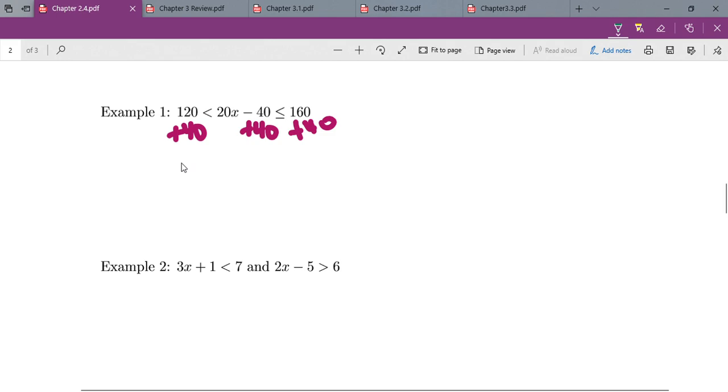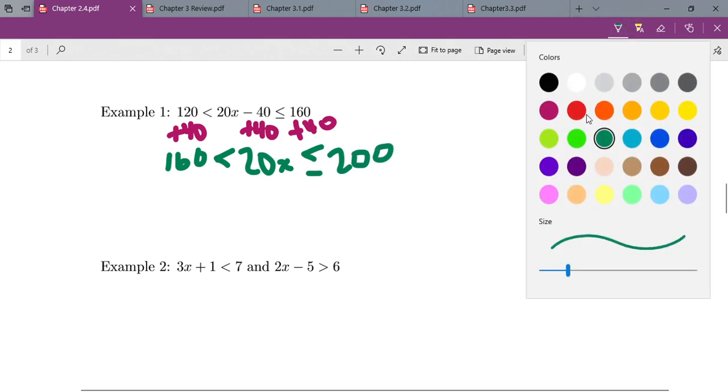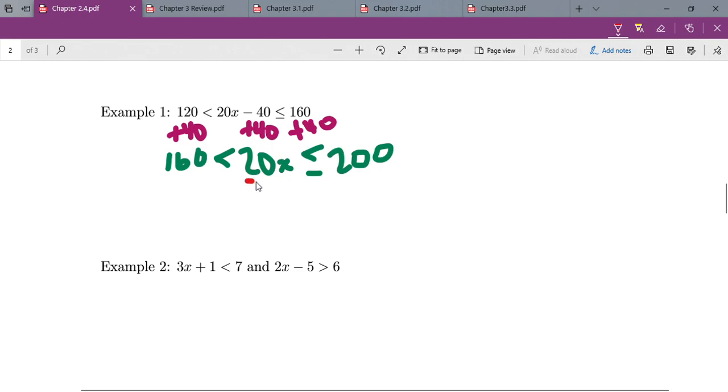This results in 120 plus 40 is 160, which is less than 20x, which is less than or equal to 160 plus 40, which is 200. Now I have to divide off that 20 so I can get x by itself, but I have to do it to all three pieces.